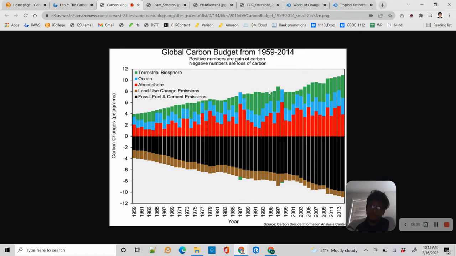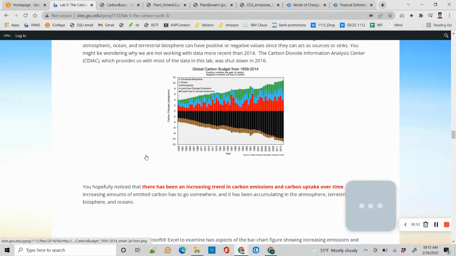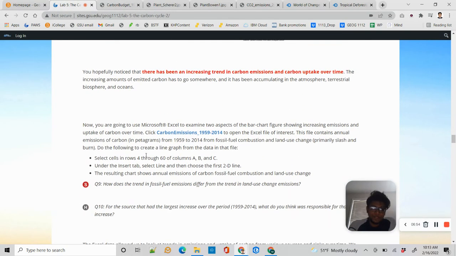Because of that, the atmosphere, ocean, and terrestrial biosphere need to take up those carbons. So the more carbon you lose from your process, from a coal plant, from a fossil fuel plant, whatever it is, the more the atmosphere has to adjust. So that's the idea. So answer the question.